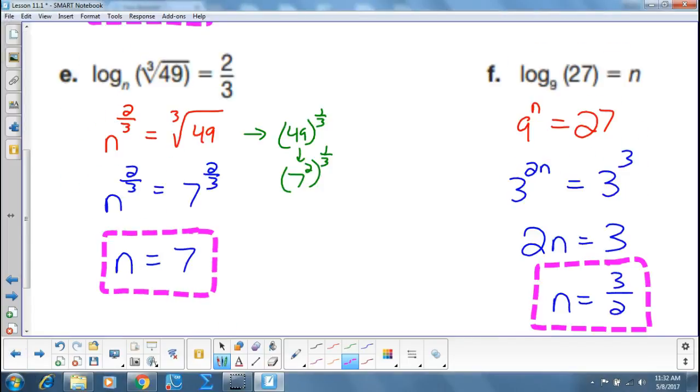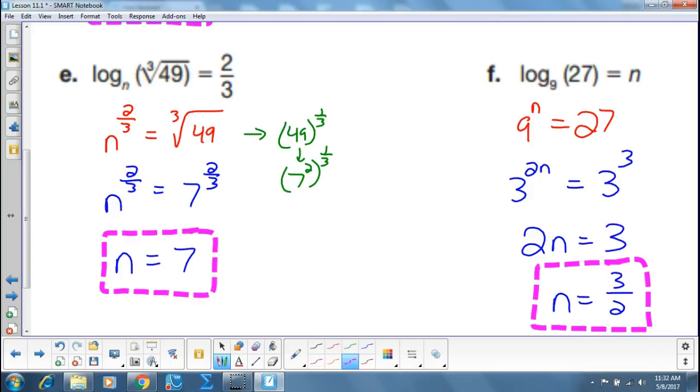For E, I got 7. N is 7. Do we agree with N equaling 7? Questions on that? Yes, ma'am. Talk it through? Okay. Do you agree with the form switch? Do you agree with the cube root of 49 is 49 to the 1/3 power?